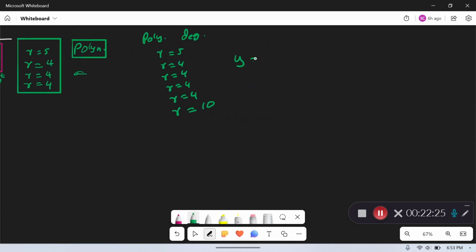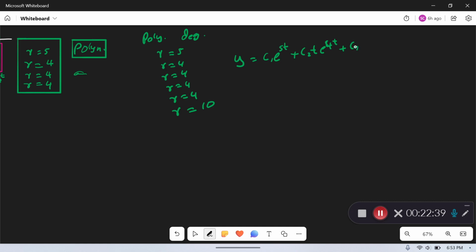Then y will be equal to C1 e^5t plus C2 e^4t plus C3 t e^4t plus C4 t squared e^4t plus C5 t cubed e^4t, and then C6 e^10t. You can even have something like this.